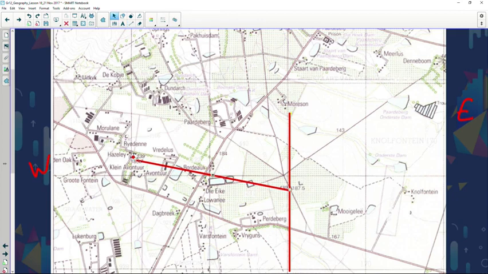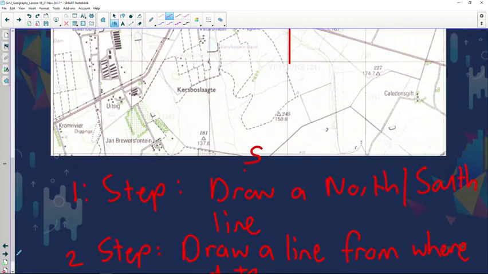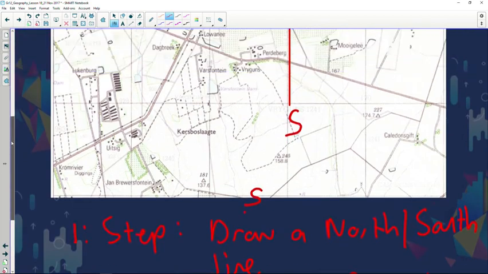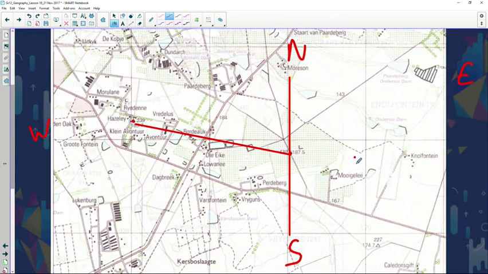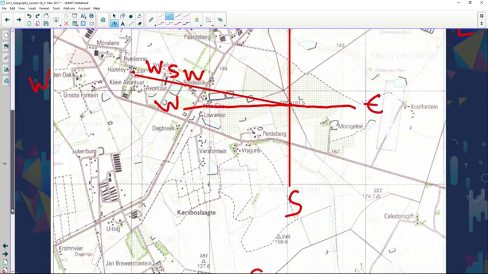Now it's much easier to determine your direction. There's north. There's south. If you divide that up, there's east and there's west. Now what do you think is the direction from trig beacon 430 to trig beacon 239? That will definitely be west-southwest.